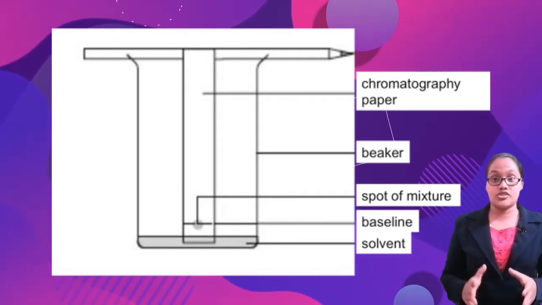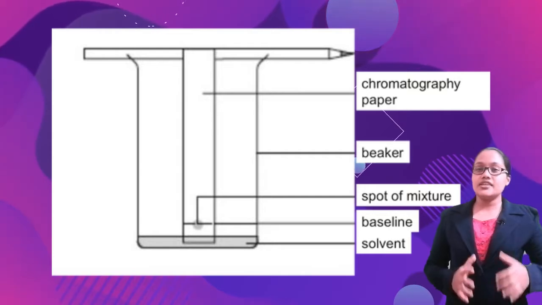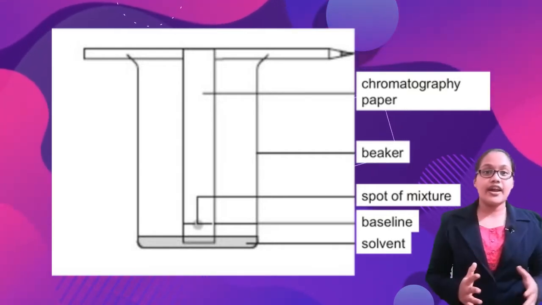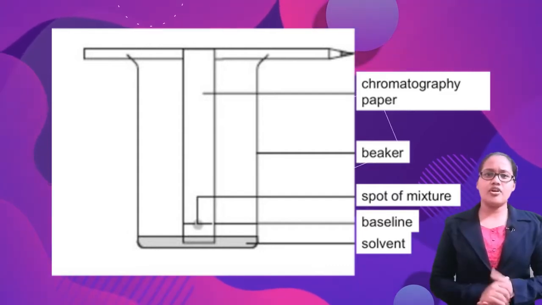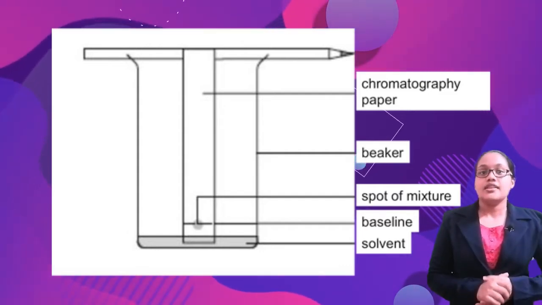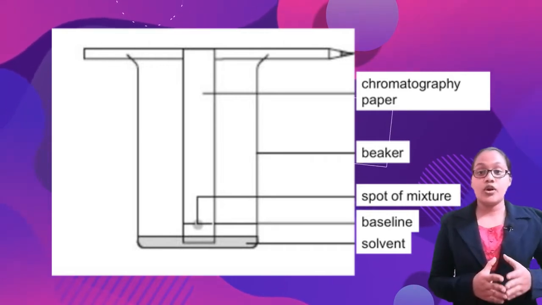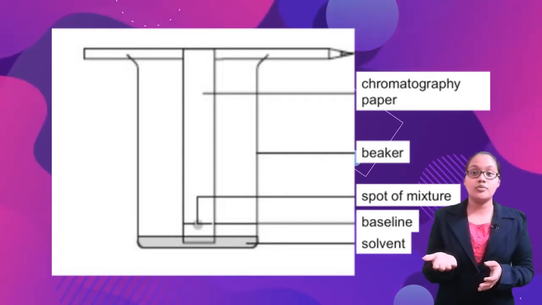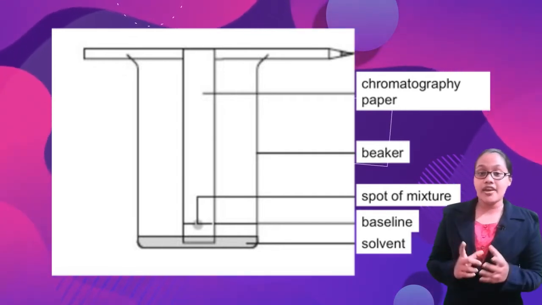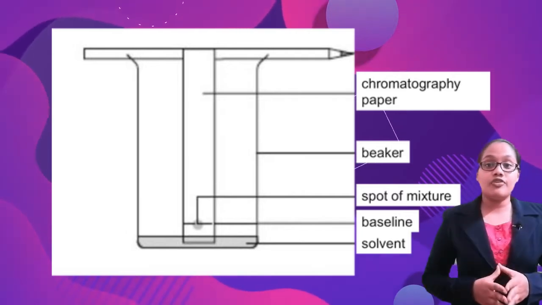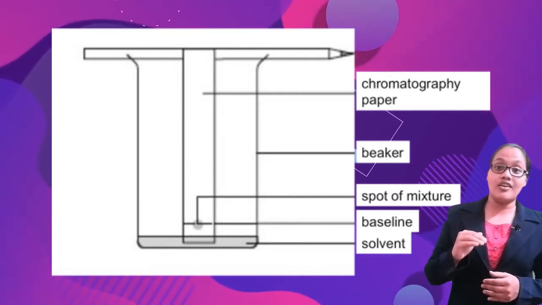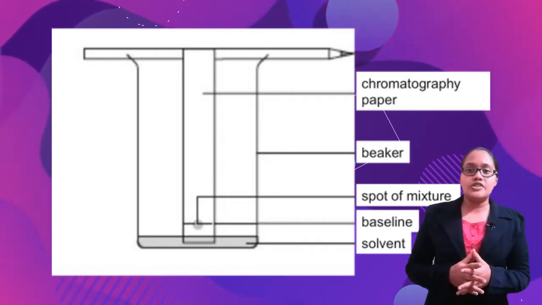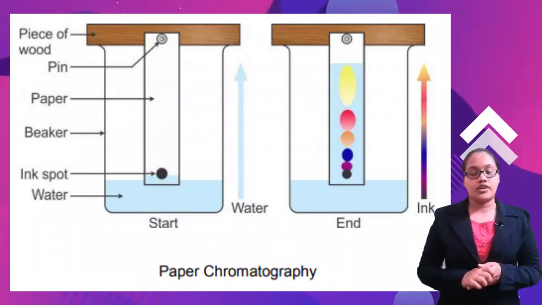After letting the ink dry, we dip this filter paper in a glass jar containing a little water such that the bottom of the paper touches the water. But make sure that the level of water remains just below the drop of ink. Then we will observe the gradual rising of the water level.